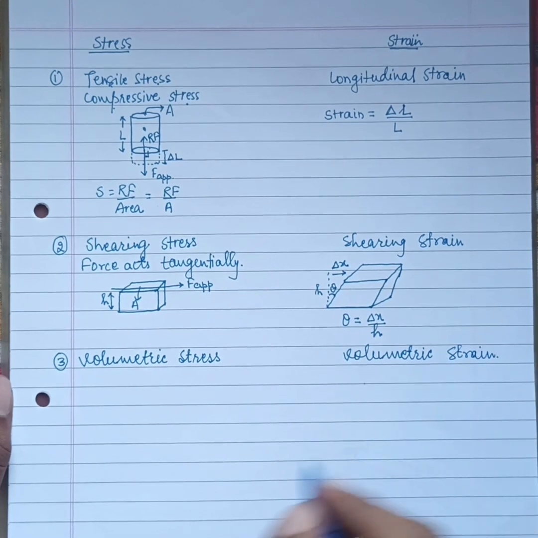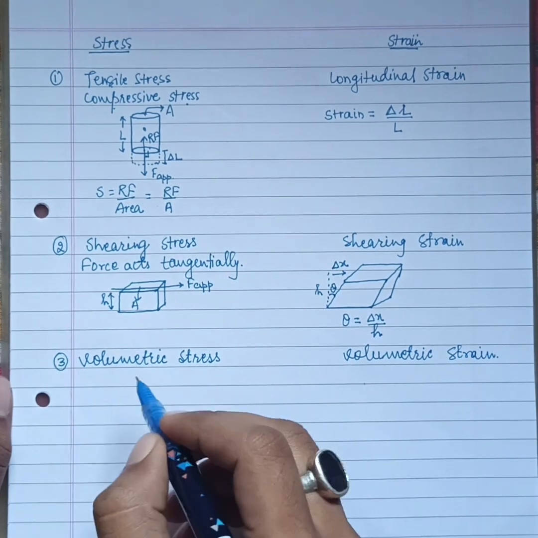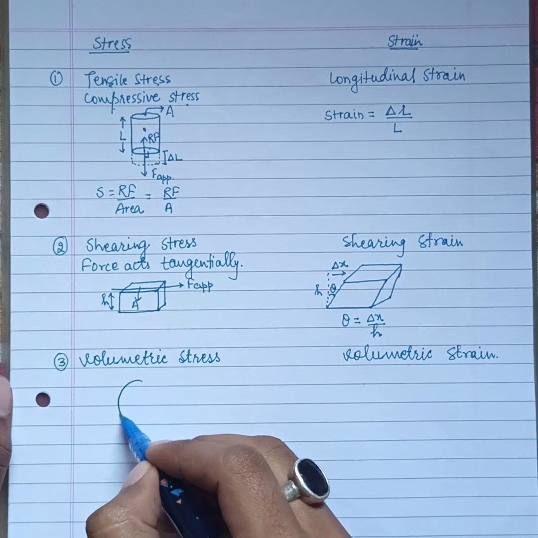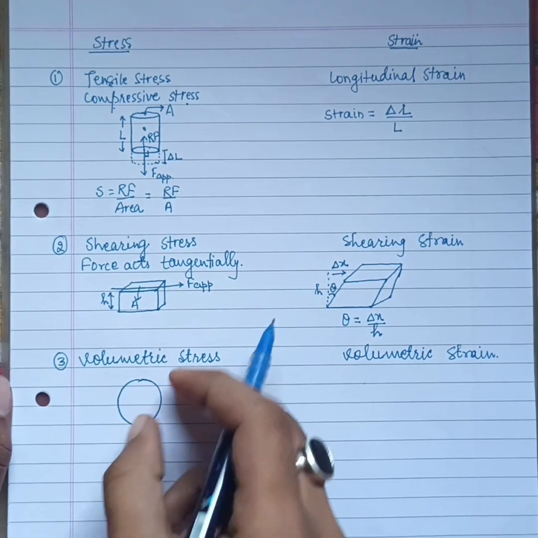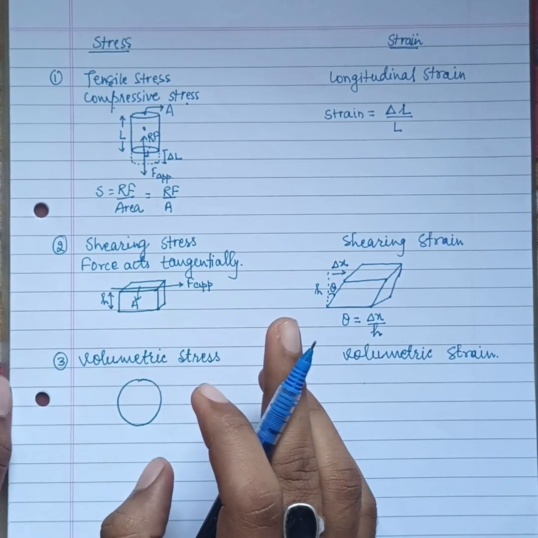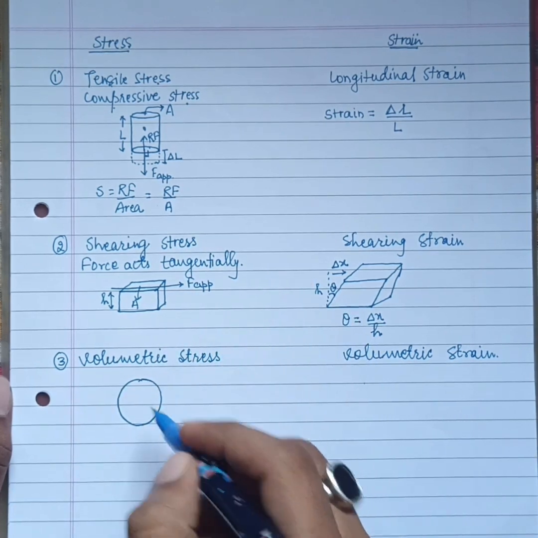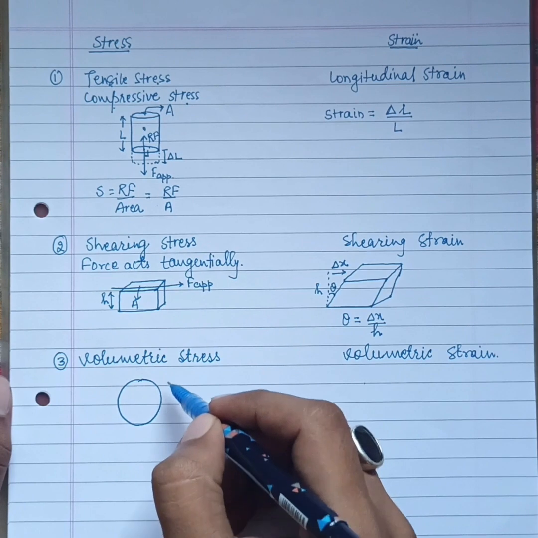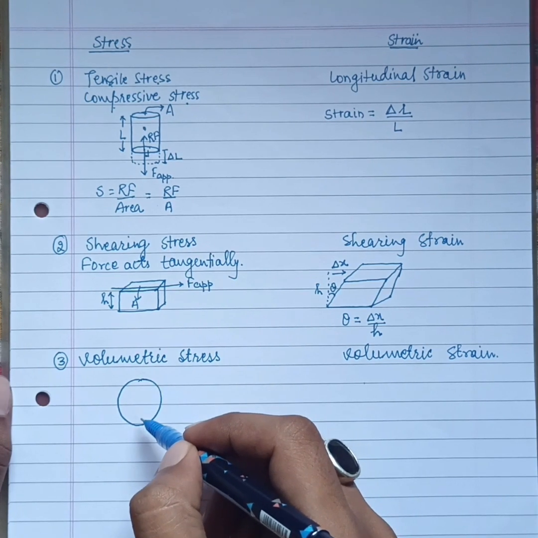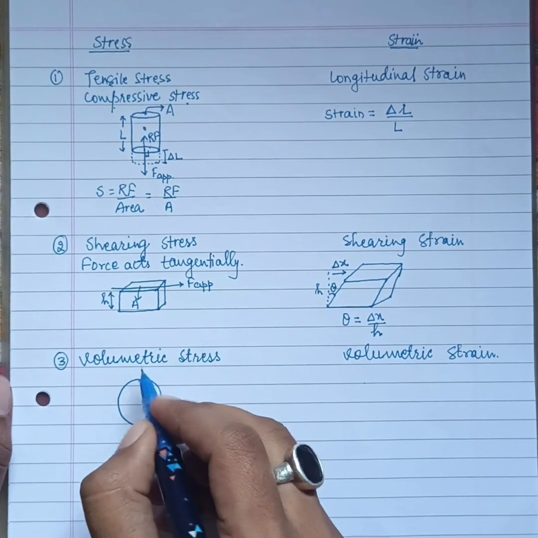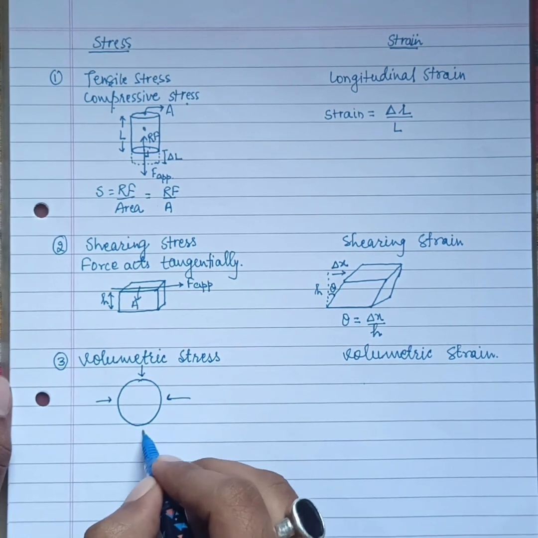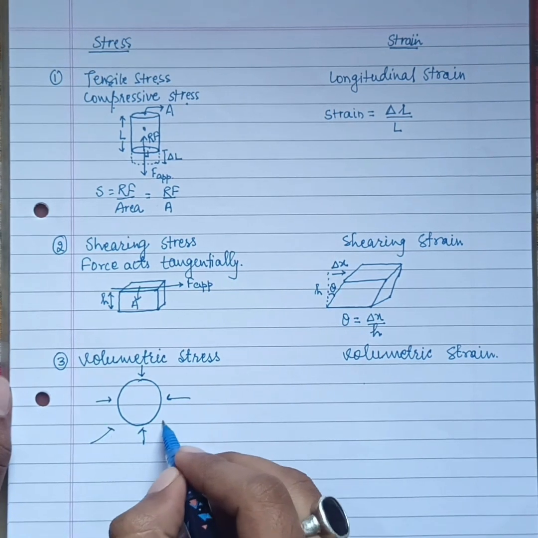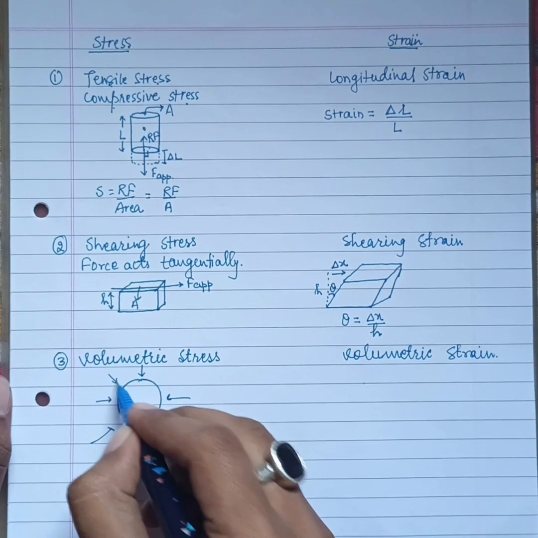Let us consider we are throwing a ball, let us consider this is a football, inside an ocean. What happens? Along with the depth, by the time it goes inside the ocean, the force acting on it increases, and the force is acting along all the directions on the football.